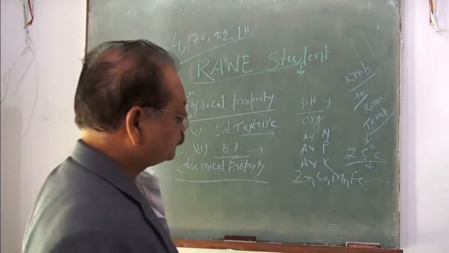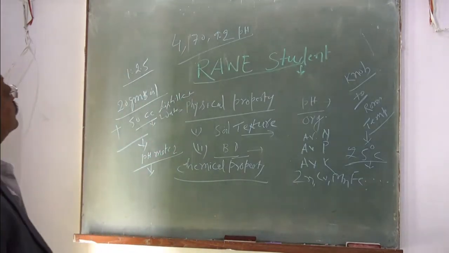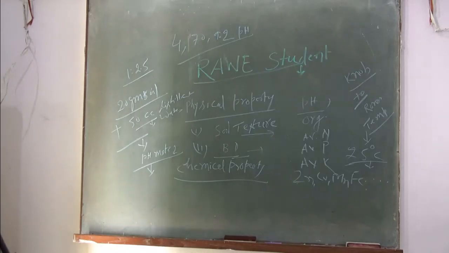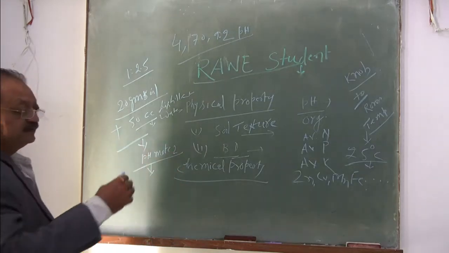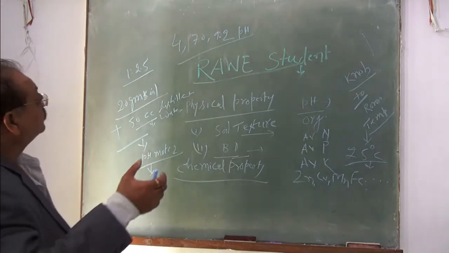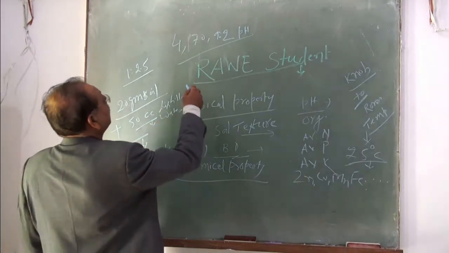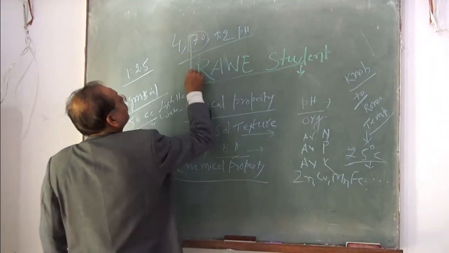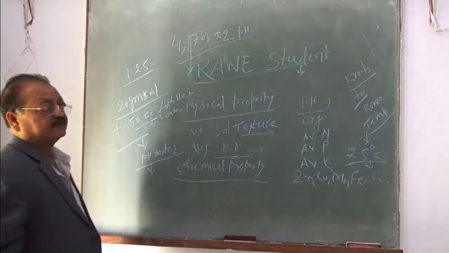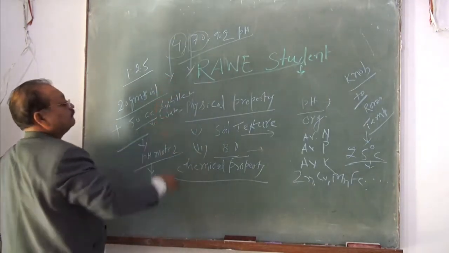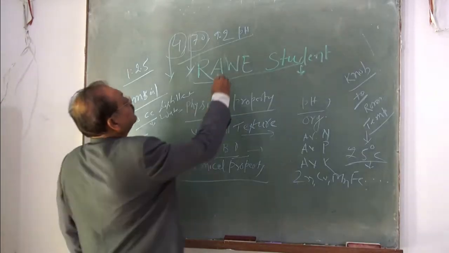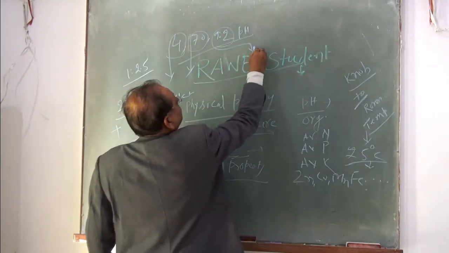Whenever we switch on the pH meter, we calibrate it first with 7, then followed by 4, then followed by 9.2 pH.